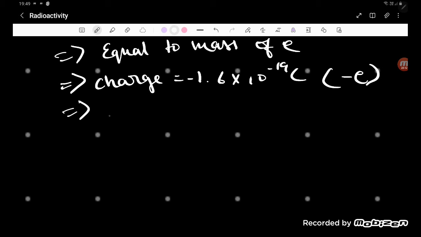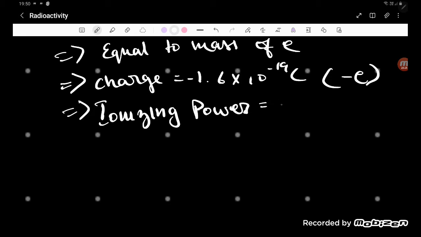And once that is done, the ionizing power equals 100 times that of gamma.